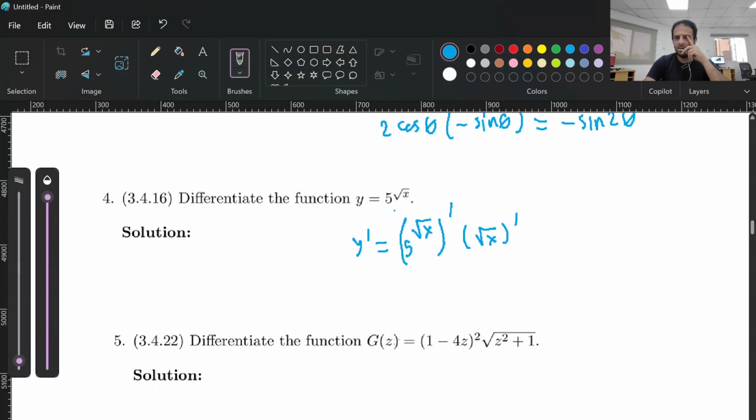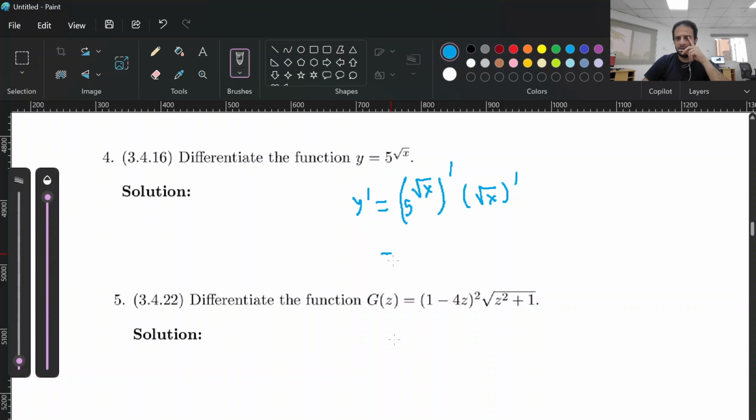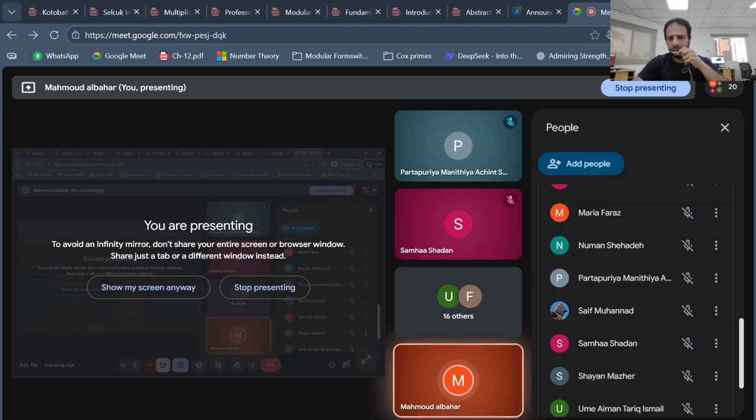Then it will be y prime equals 5 to the power of square root x, ln 5, multiplied by 1 over 2 square root of x. Yes, thank you. Okay.